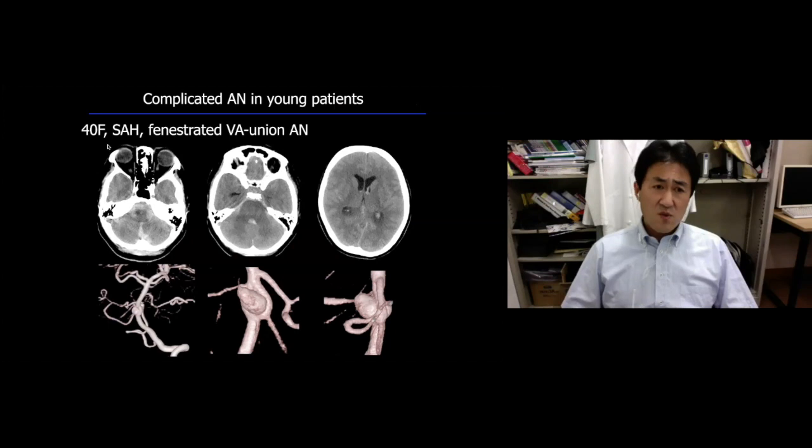So this patient was a 40-year-old lady who had subarachnoid hemorrhage due to a ruptured VA union aneurysm here. This aneurysm projects anteriorly and posteriorly and is very complicated. It's not easy even for an endovascular surgeon to obliterate this aneurysm.